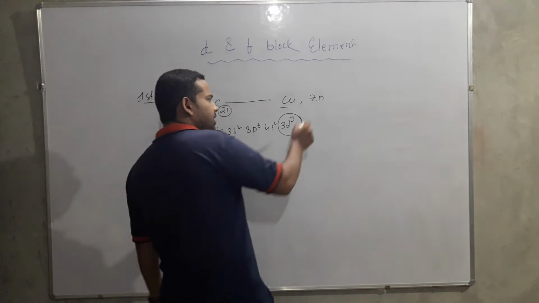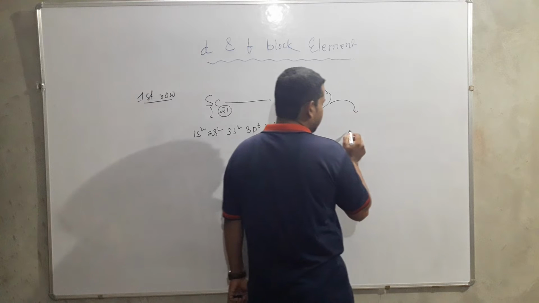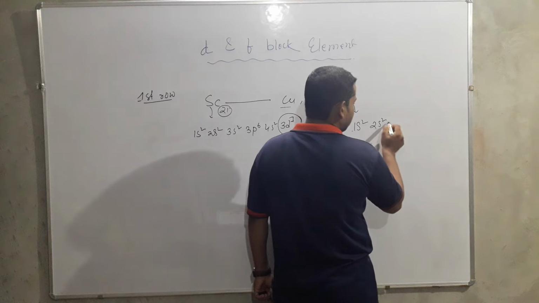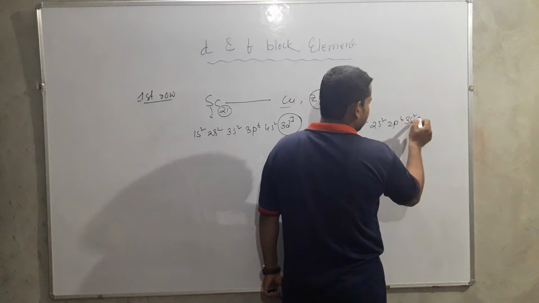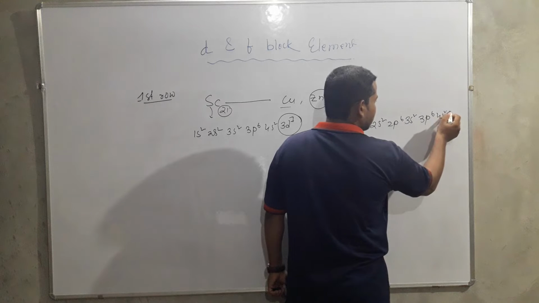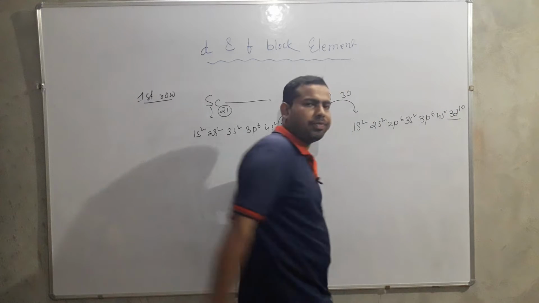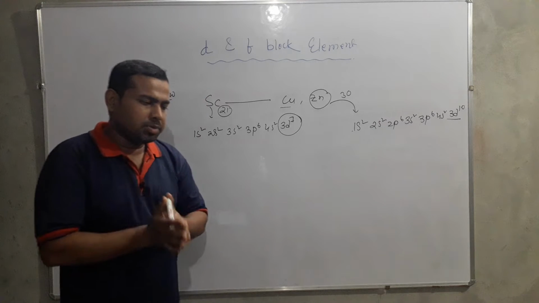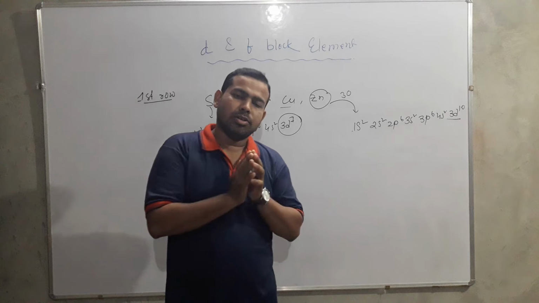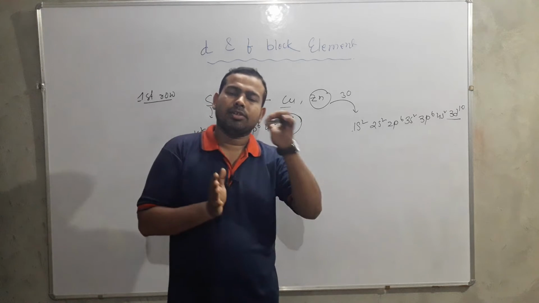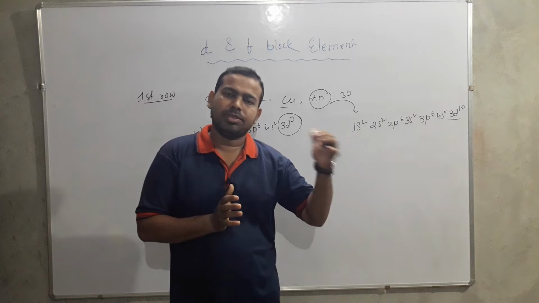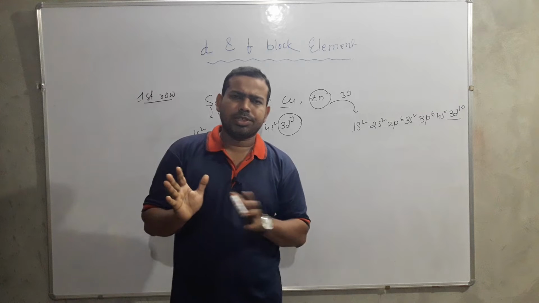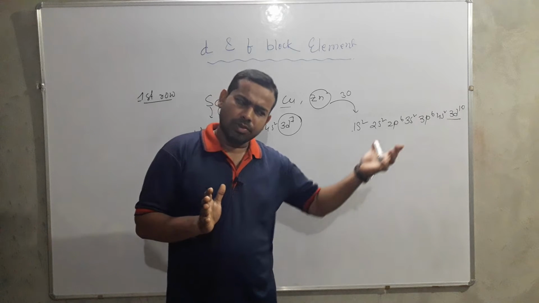But if you consider zinc, atomic number 30: 1s2, 2s2, 2p6, 3s2, 3p6, 4s2, 3d10. The d10 is completely filled, which is why it is not considered a transition element. Transition elements have incompletely filled d orbitals, d1 to d9. Similarly, for f block elements, f1 to f13 configuration is known as a transition element for the f block series.